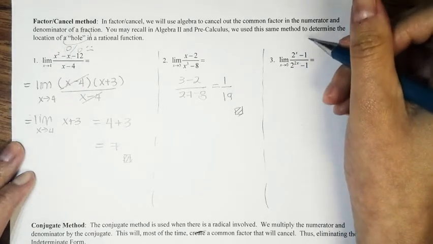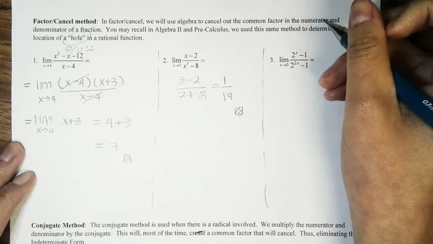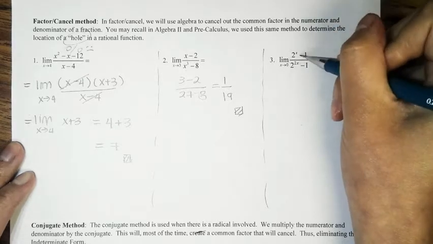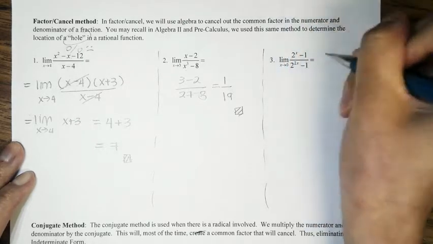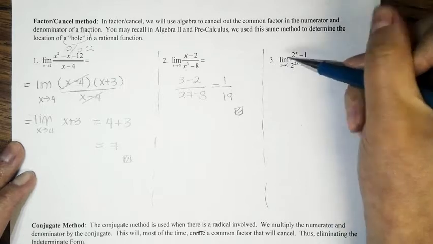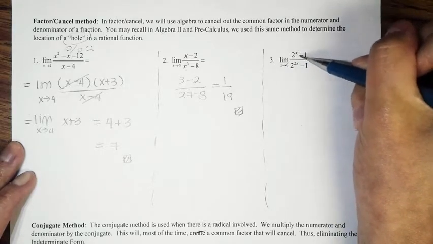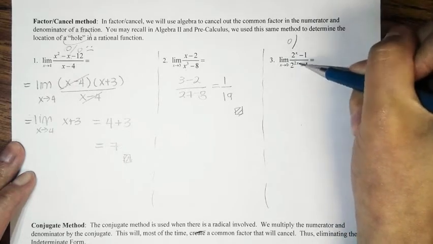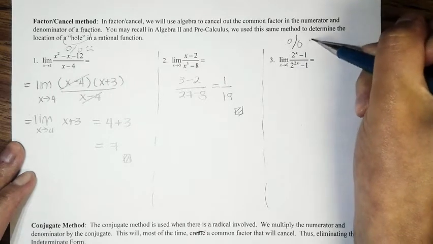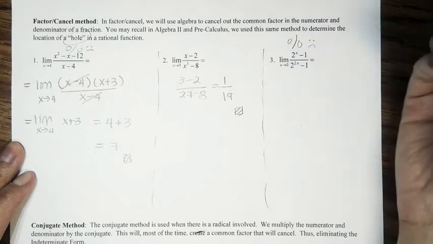So what I'm going to do here is divide everything by 2 to the power of x. This is a very interesting method. I'm doing this because when I plug the 0 here, 2 to the power of 0 is 1, 1 minus 1 is 0, divided by 2 to the power of 0 is 1, minus 1 is 0. So again, you have this sad situation where you have 0 over 0 and you cannot conclude.